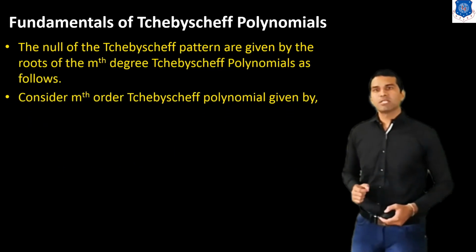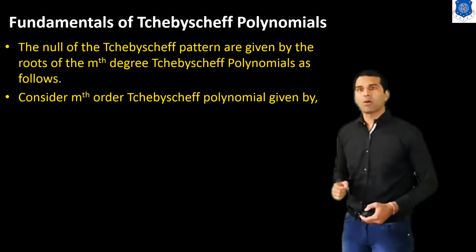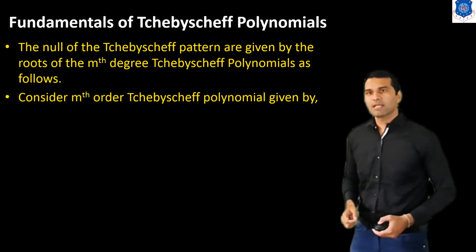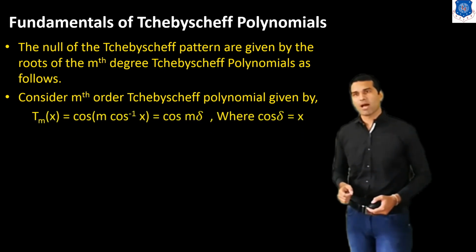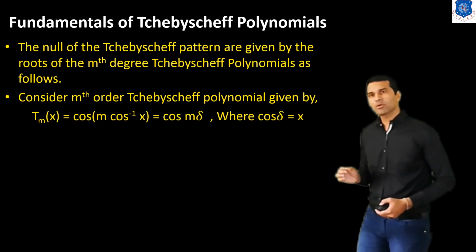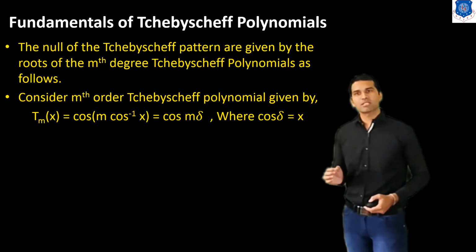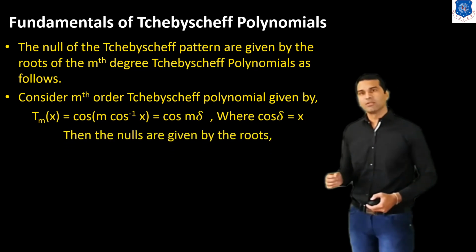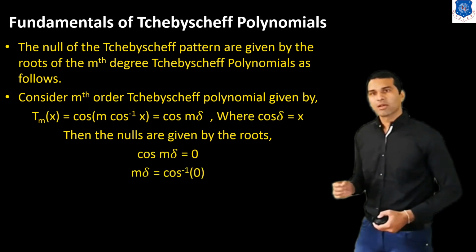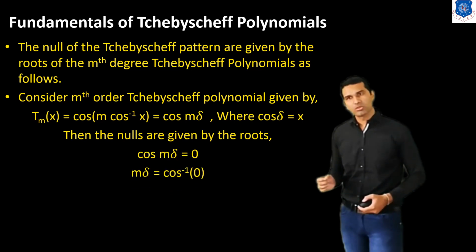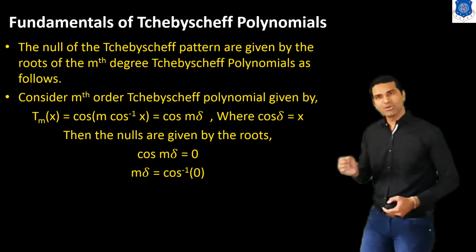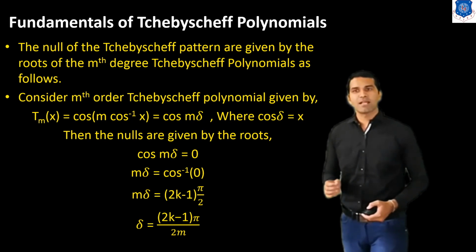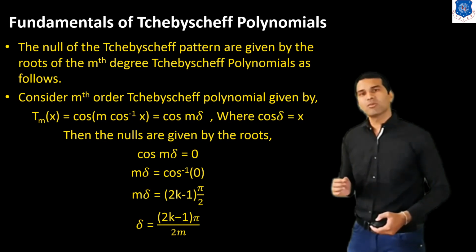The nulls of the Chebyshev polynomial are given by the roots of the mth degree Chebyshev polynomial as follows. Considering the mth order Chebyshev polynomial Tm(x) equals cos(m cos inverse x) equals cos(m delta), where cos delta equals x, the nulls are given by the roots of cos(m delta) equals 0. So m delta equals cos inverse 0, which is (2k minus 1) pi by 2.